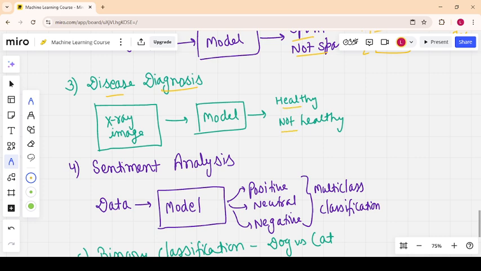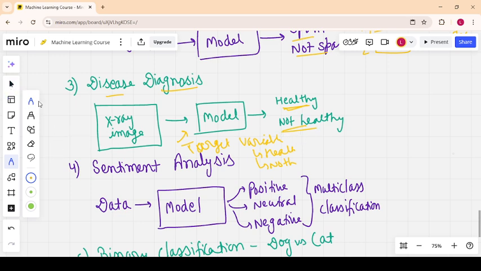So we can use this machine learning model, which can understand the features of an image, and we give a target variable like healthy, not healthy, and our model can help us predict whether it is healthy or non-healthy.